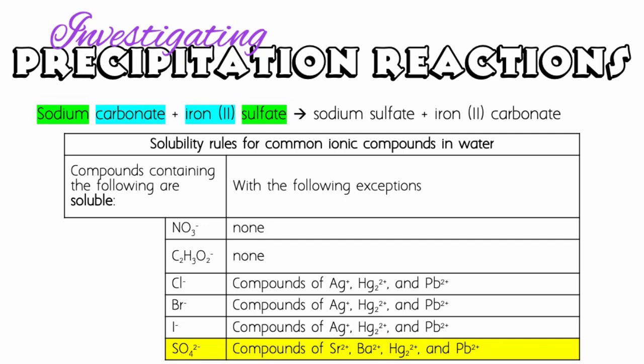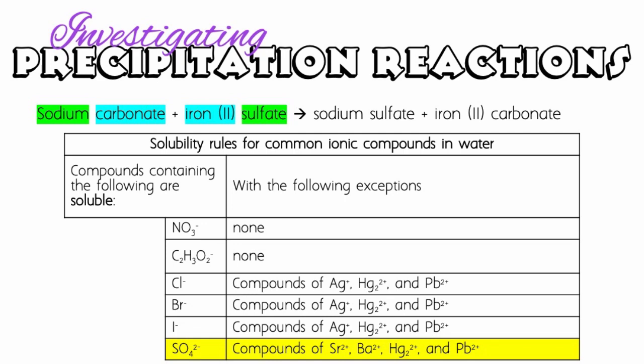All metal sulfates are going to be soluble except for these particular species. We don't have any of these in our reaction, so whatever has formed the sulfate is going to be soluble. That means this sodium sulfate is going to be aqueous in solution.